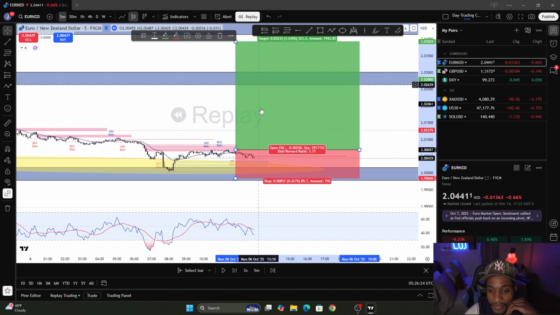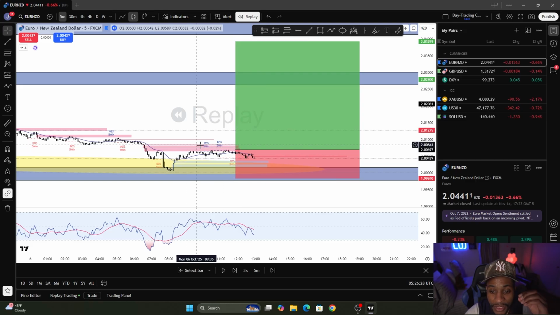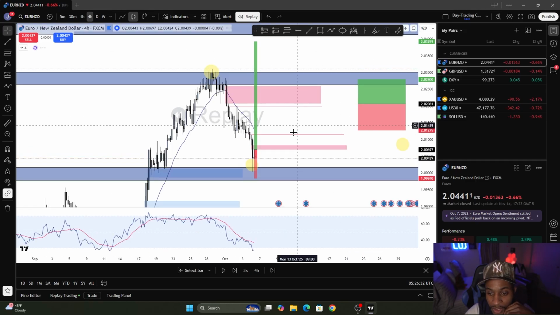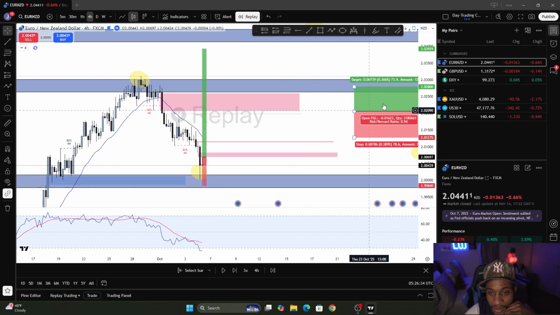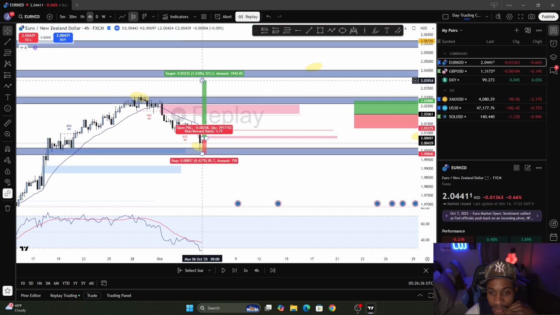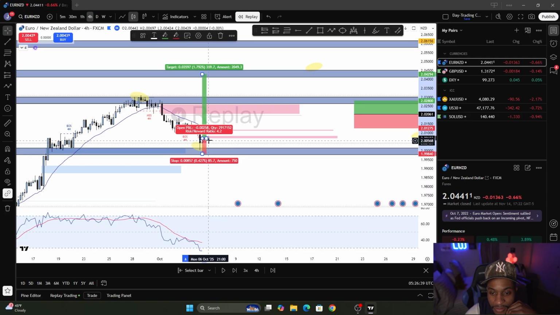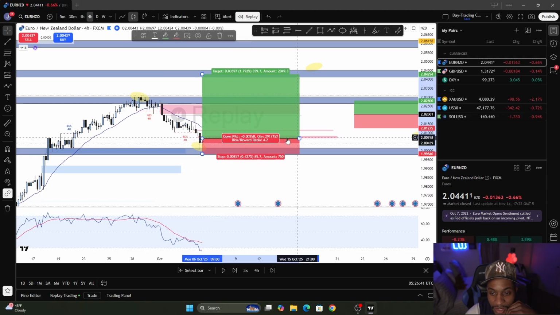So I would have entered a pending order just off of this shift in structure on the 5-minute. And if we go to the 4 hour, all right, my TP would have probably been at the next level right there. So this is a 1 to 4, 359 pips. So although my stop loss has a lot of breathing room, this is still a good risk to reward.